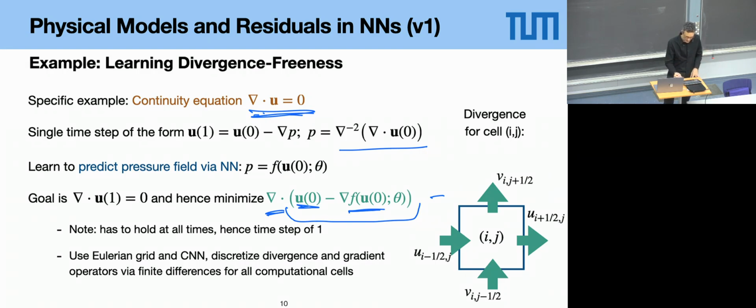And then you can implement the divergence operator, so the nabla dot, by just looking at the difference of these U and V components for one cell. Intuitively, this should all add up to 0. Basically, as much as flows into one of these cells, that much has to flow out. That's essentially what you're computing with these finite differences. So it's quite simple to compute that.